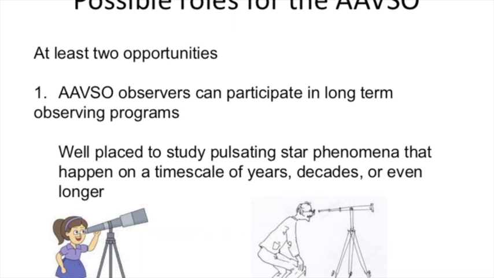An organization can last that long. And AAVSO observers are located all around the world. So if you're doing some kind of campaign where you're trying to worry about phenomena that might not be observed with daily observations on a nightly schedule, AAVSO observers can help.